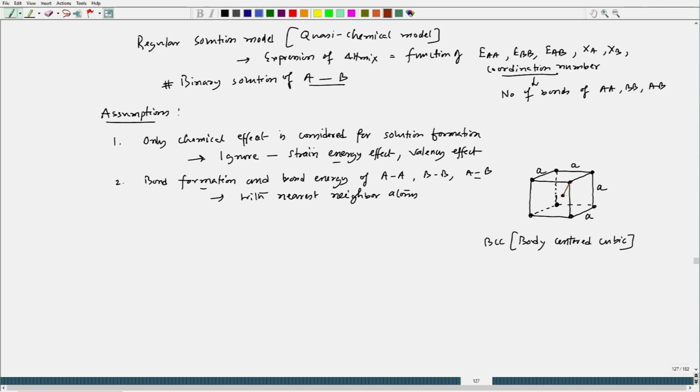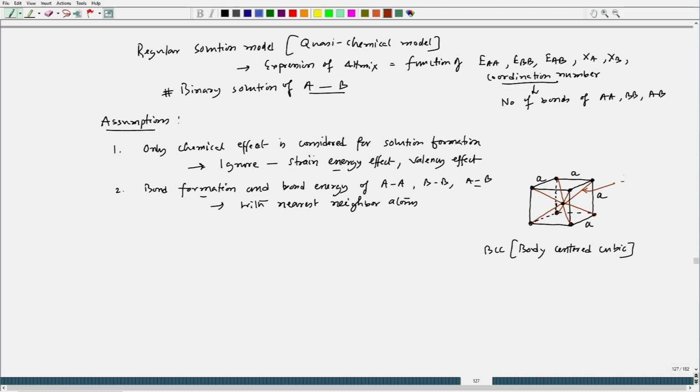So, we can have one bond like this, another bond like this, and so on for all the corners. If this length is A, then this length is R, and all those lengths connecting the body centered atom with the corner atoms are the same distance. So, those are the nearest neighbors.